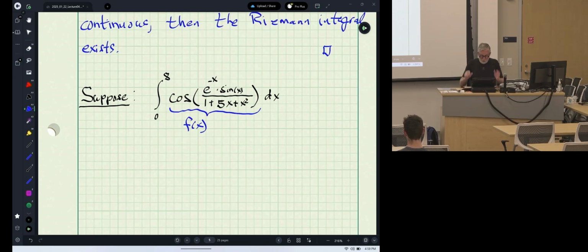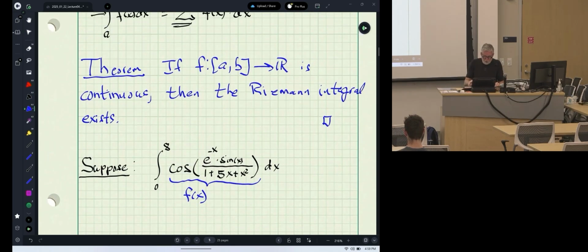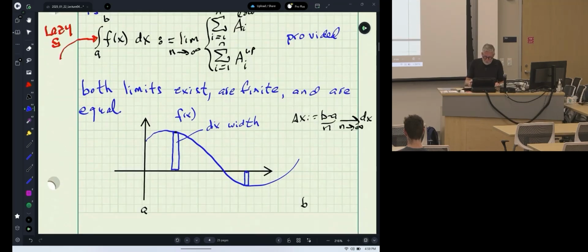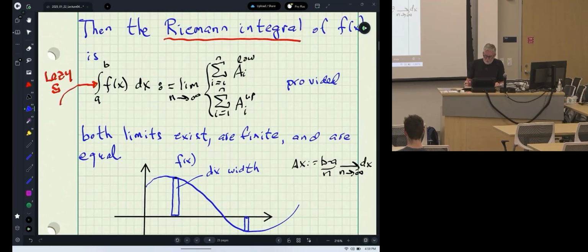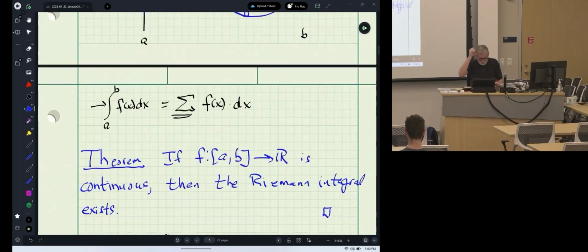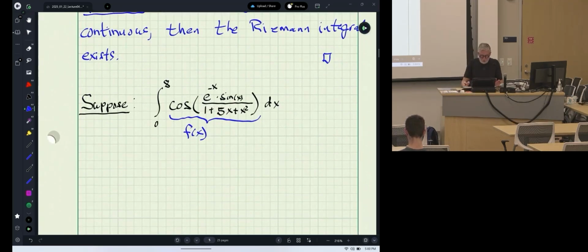So the only chance you have to calculate a value for this is computing upper bounds and lower bounds on area, and then taking the limit as those things go to infinity, and see if the upper bounds and lower bounds agree. Both the limits exist, they agree, and they're finite, okay? So then you can assign a value to that.